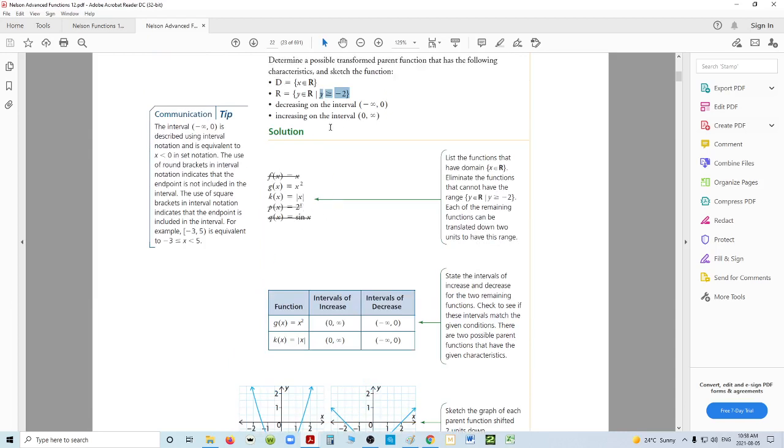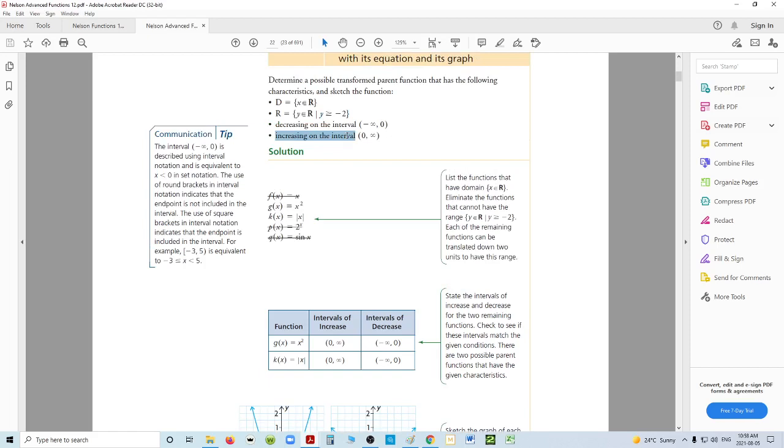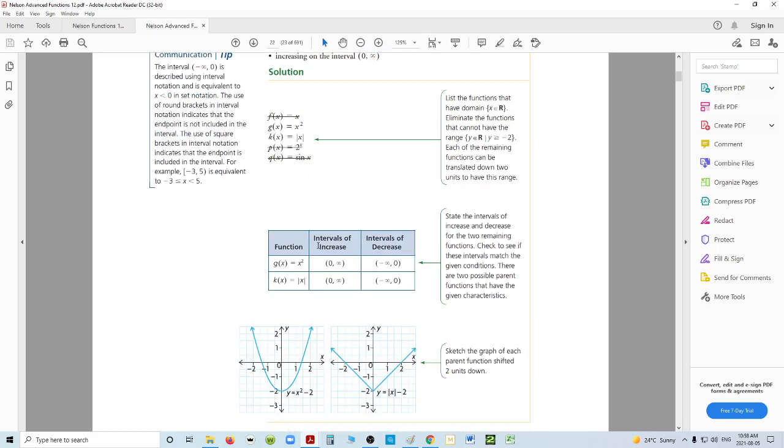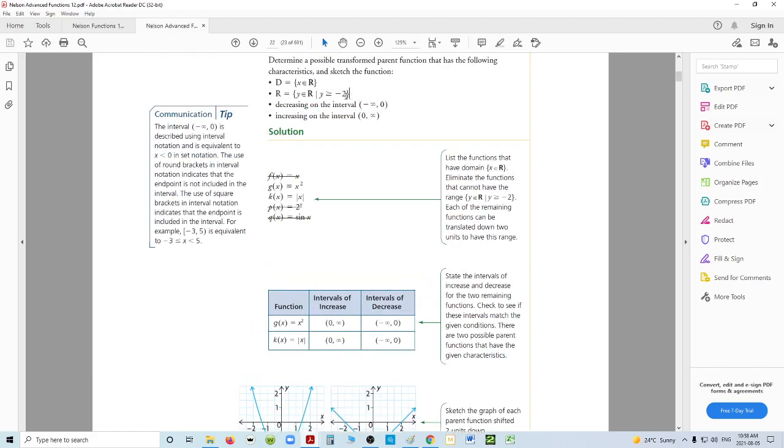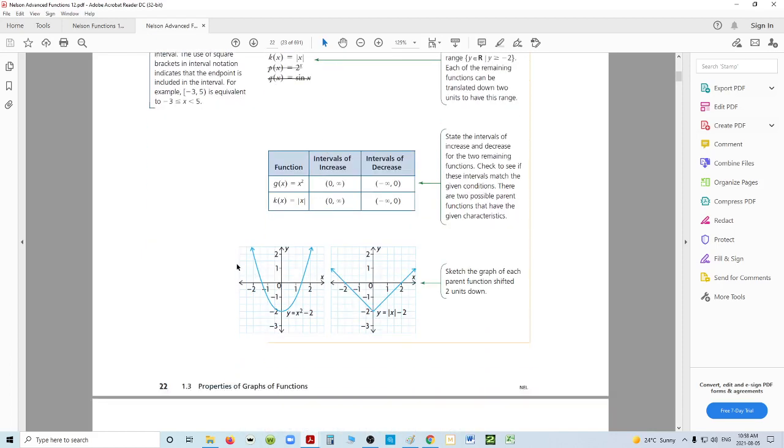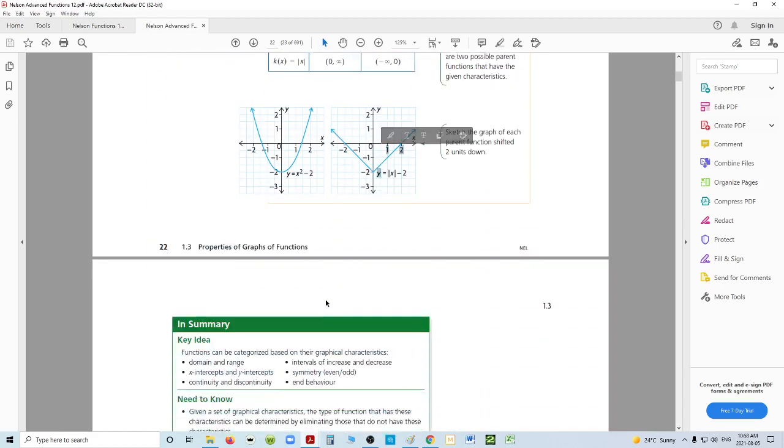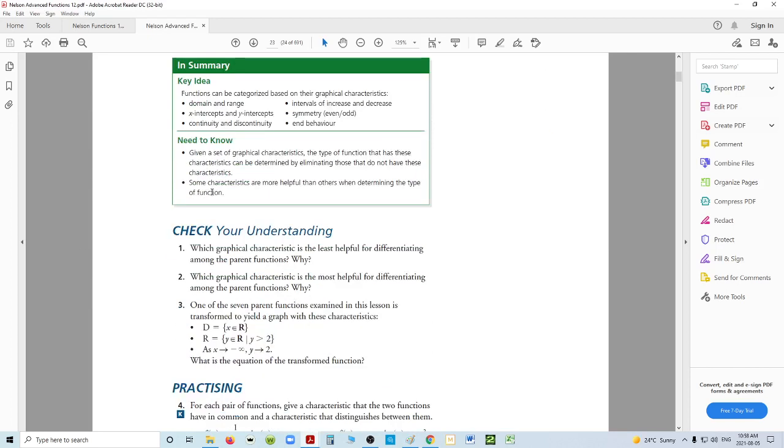Decreasing, increasing. I think they actually got this wrong, because for it to face up, it would have increasing and decreasing. Oh, bigger and equal to -2. So yeah, it's an upward facing parabola. So yes, as they conclude, it's either a parabola or an absolute value graph. So it has a vertex.